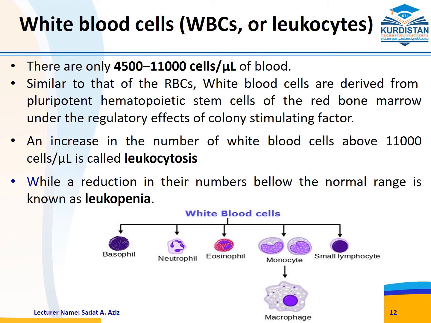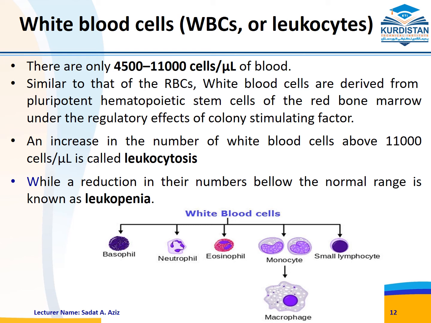White blood cells are one of the cells of the circulatory system or of the blood. Normally there are only about 4,500 to 11,000 leukocytes per microliter of blood. Normally the number of leukocytes is much lower compared to the number of the circulating red blood cells.